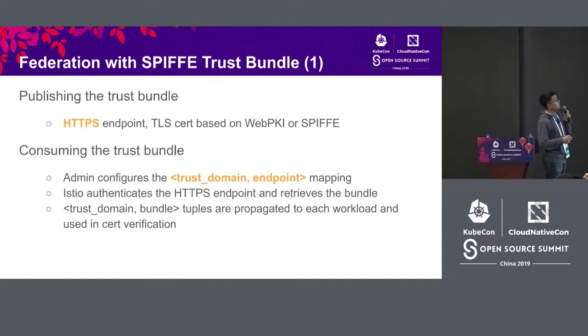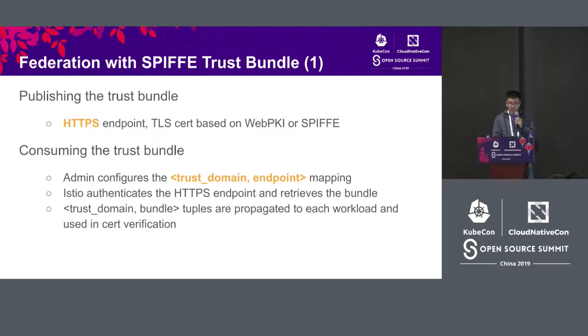The federation with the SPIFFE trust bundle, going a little bit into the technical details. For a trust bundle, there's a publishing side and there's a consuming side, right? The publishing side needs to expose an HTTPS endpoint encrypted through the TLS certificate based on WebPKI or the SPIFFE standard.